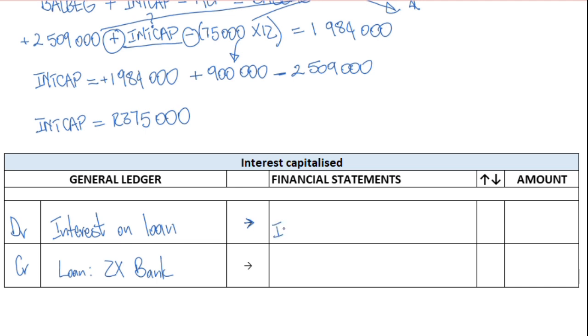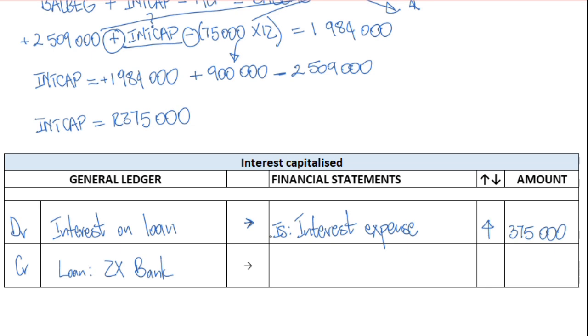In our financial statements, the interest on loan account falls under the interest expense or the finance costs line item in the income statement. So it can be called interest expense or finance costs. So we will increase that line item by 375,000 rands.